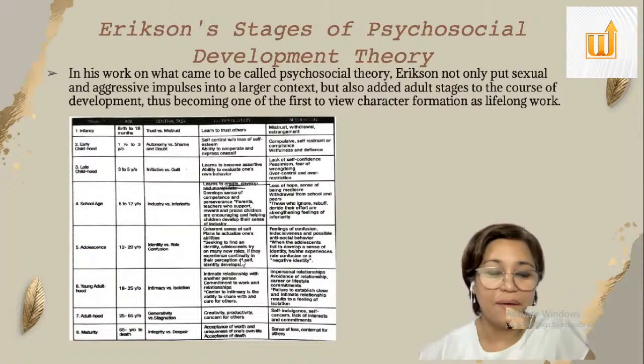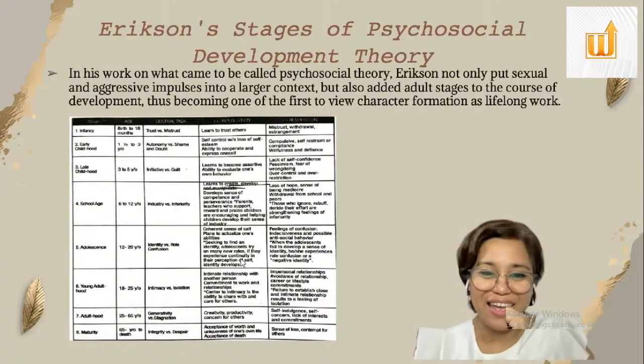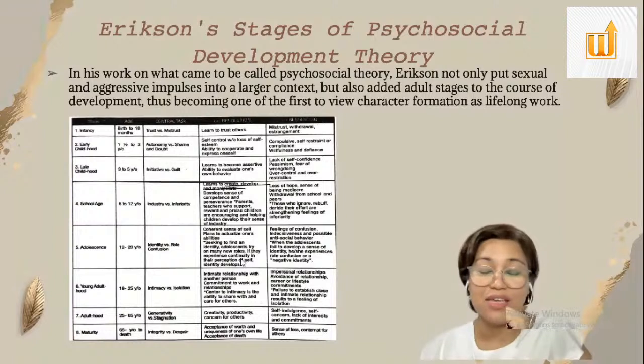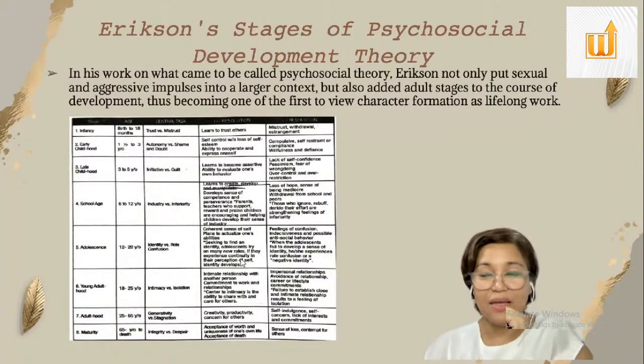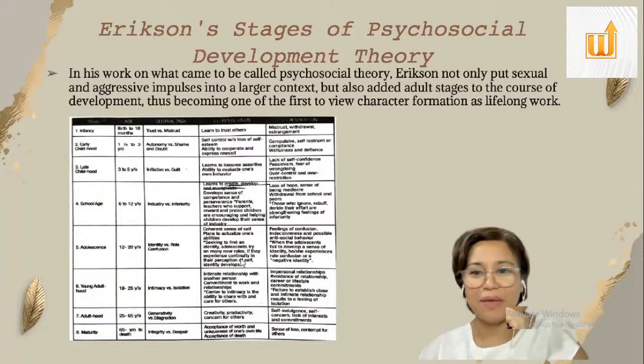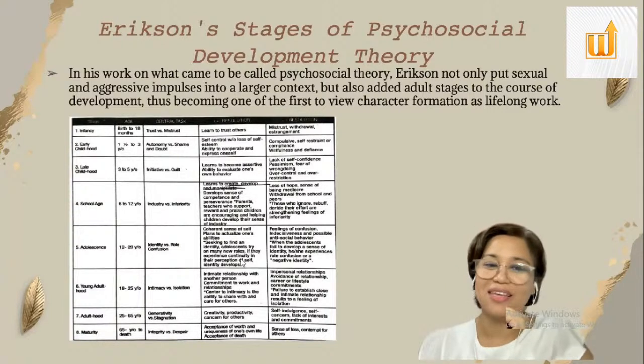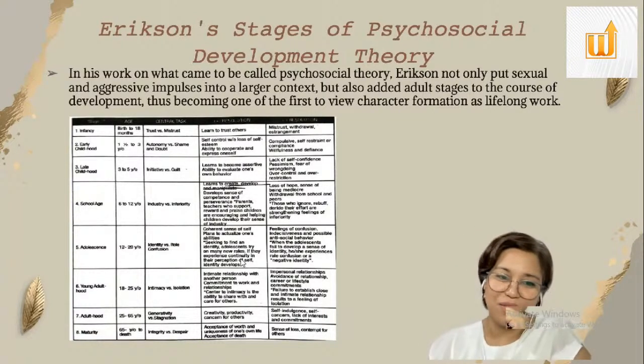Adulthood, the issue here is generativity versus stagnation. So this is looking at midlife, creativity, productivity, and concern for others. Also looking at where I have been for the last 20 years or 40 years, maybe.